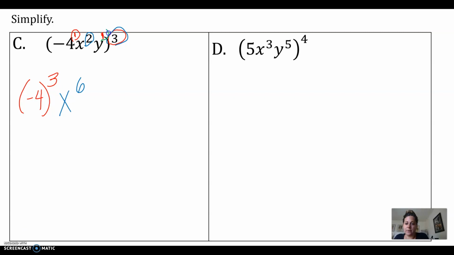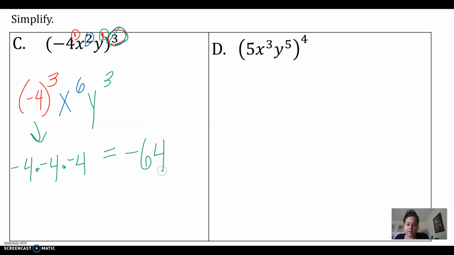Then we have the 1 times the 3, which would be y cubed. Now that is not fully simplified, only because you need to do a -4 times a -4 times a -4, which I do believe is a -64. You have x to the 6th and y cubed.